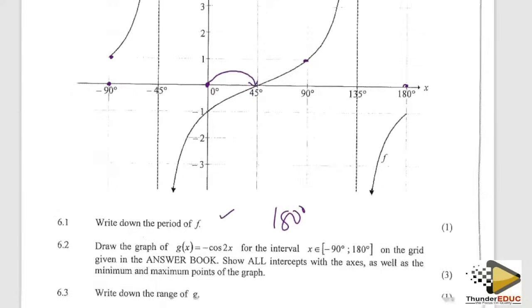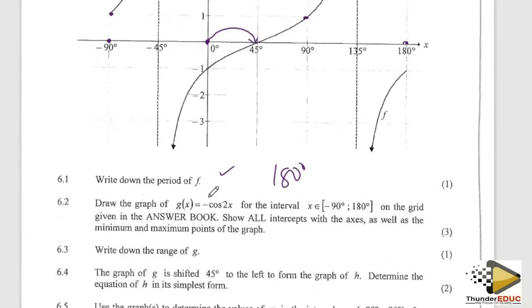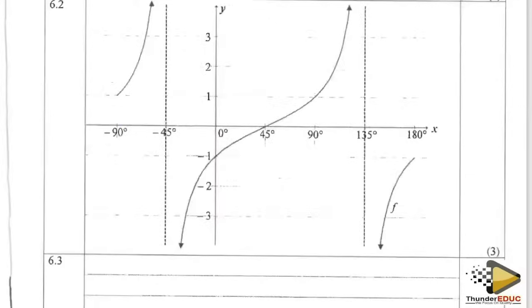Then they want us to draw negative cos 2x between the same interval. Show all the intercepts with the axes and the minimum and maximum turning points. So from your calculators, remember we got mode, and then the table, get f of x, then we're going to put negative cos 2 alpha x, close the brackets.